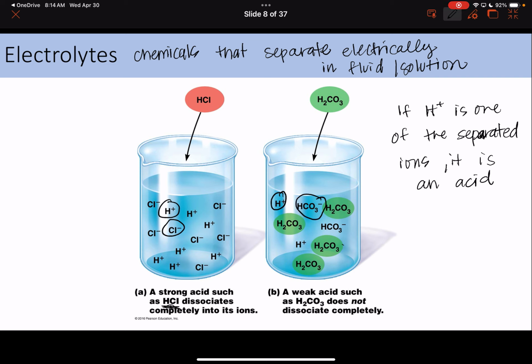So it doesn't completely dissociate. It does not give away all of the hydrogens that it has to give. Okay? So because it only gives one of the two that it has, it's considered a weak acid. So it's a weak acid because it releases only one of its two hydrogen ions. Does that make sense? Okay.